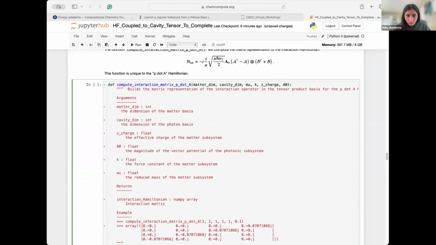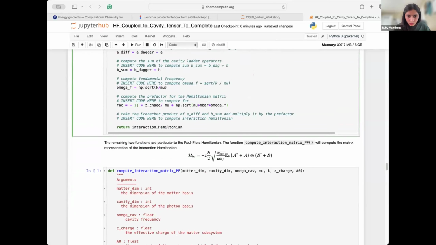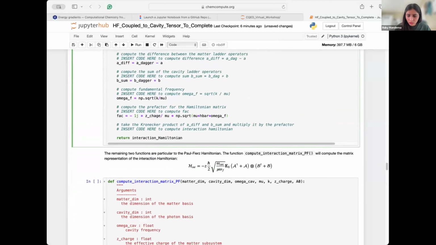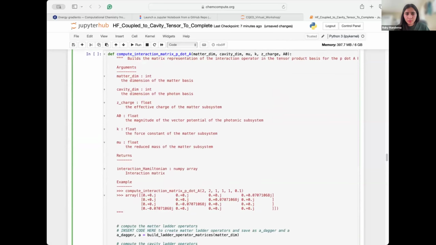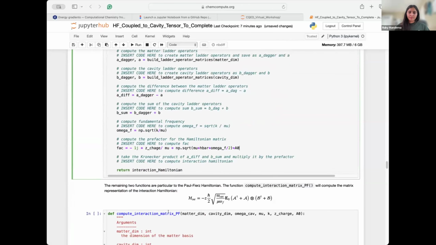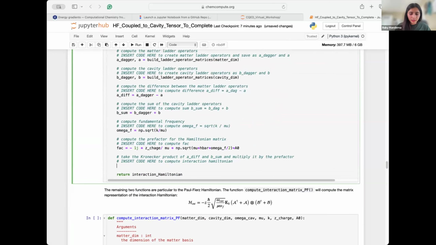And this whole term is divided by 2, and it is multiplied with the vector potential, and I think this is our prefactor. Now we simply need to put all these terms in the above equation, and we will get the interaction term of the Hamiltonian.